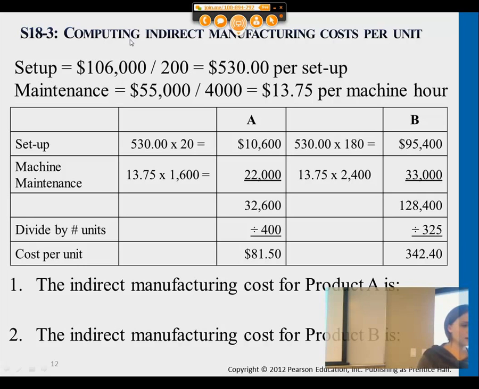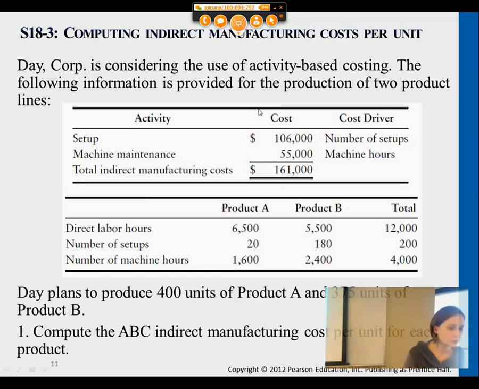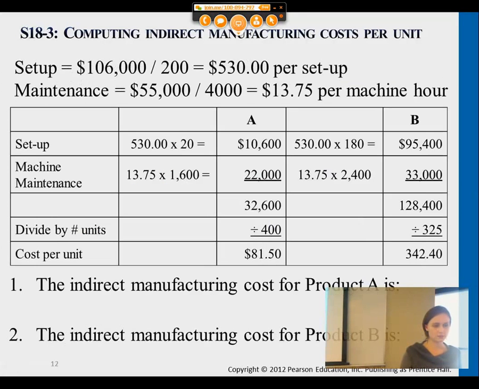For setup, I know the total cost, and I know the total number of setups: 106,000 and 200. So you calculated the cost per setup, and the same for the cost per machine hour. That's to start with.